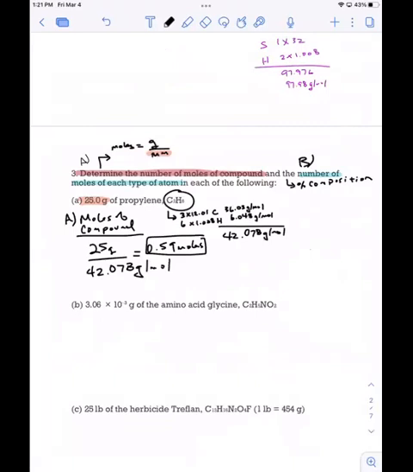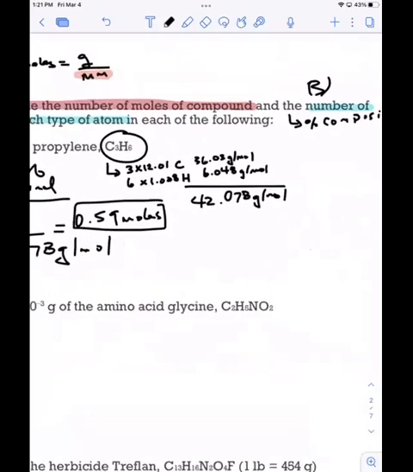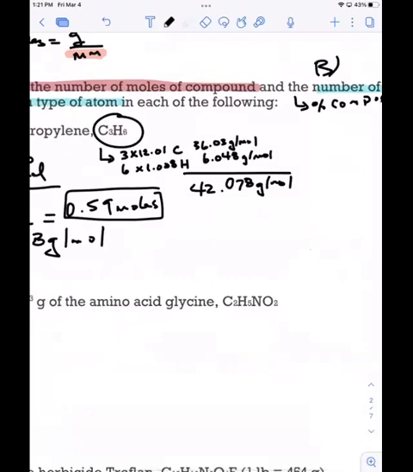So here's the thing. If we know the atomic masses of each atom, which we've already calculated, the total molar mass is 42.078, and carbon is 36.03 and hydrogen is 6.048.